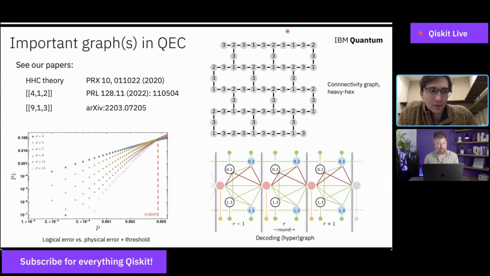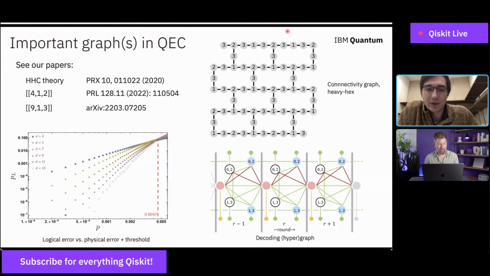Yeah, so I think this is getting to open questions in the field. It depends on your algorithm, and probably the type of error matters here as well. You can imagine that X errors are more problematic at some points in the circuit than Z errors.